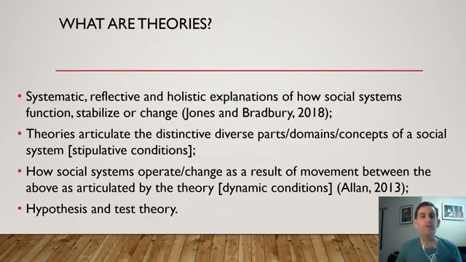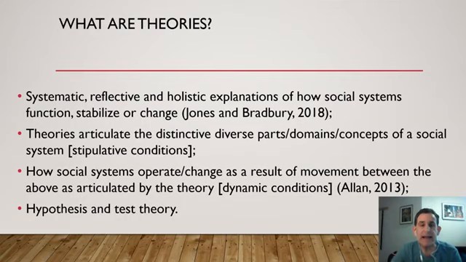So, what are theories? What are social science theories? Theories are holistic explanations, systematic and reflective explanations of how social systems or societies work and function, how they stabilize over time, explanations for how they change.